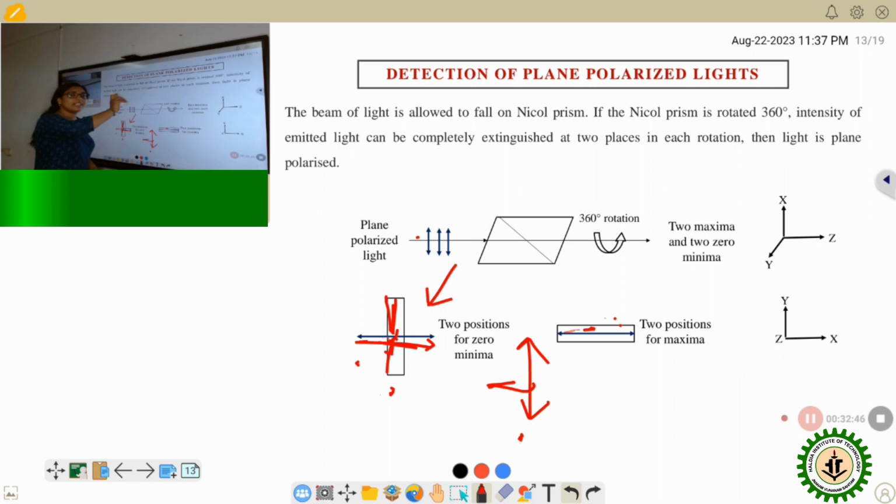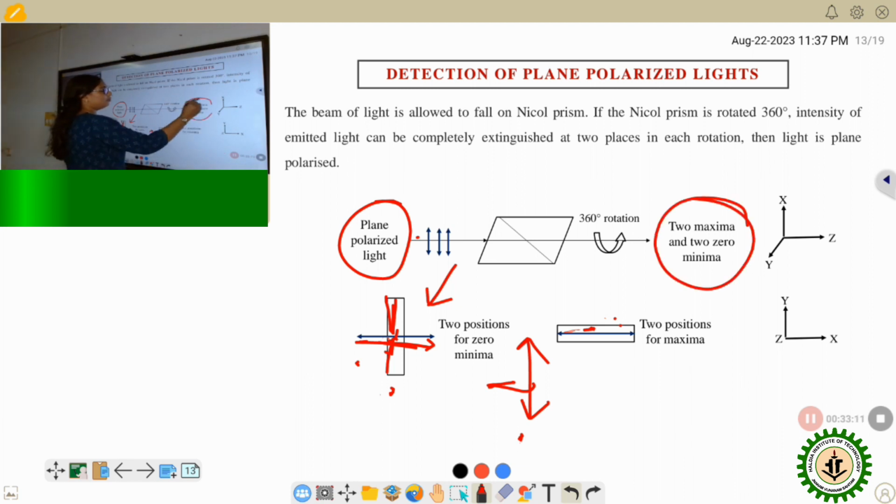So for a 360-degree rotation of the crystal, we get two positions for maximum intensity and two positions for zero intensity in case of plane polarized light.